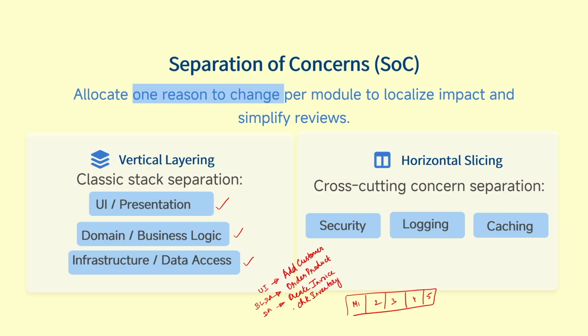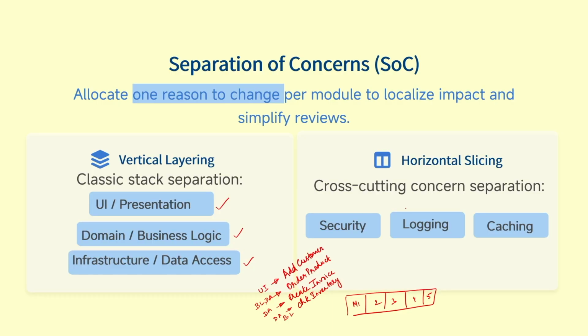And checking the inventory, you are again going for data access or business logic. Likewise, by taking each and every module, we segregate them into presentation, business logic or data access, and then proceed forward, so that we allocate at least one reason to change.